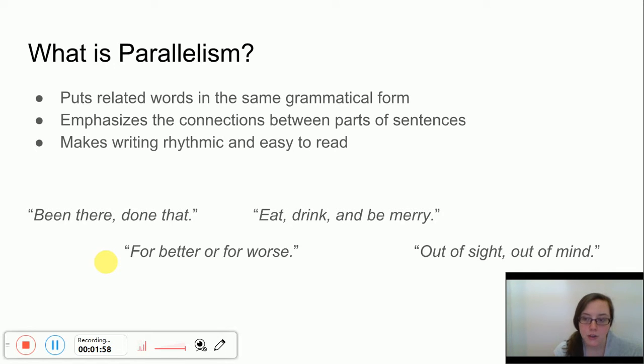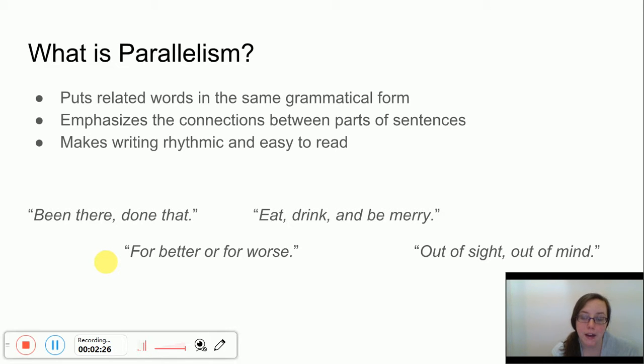Often it'll show the connection between a subject and multiple verbs. It could show the connection between the verb and multiple objects. It could even show the connection between multiple subjects and the verb. There are even more complex parallelism concepts than that, but today we're focusing on the basics.